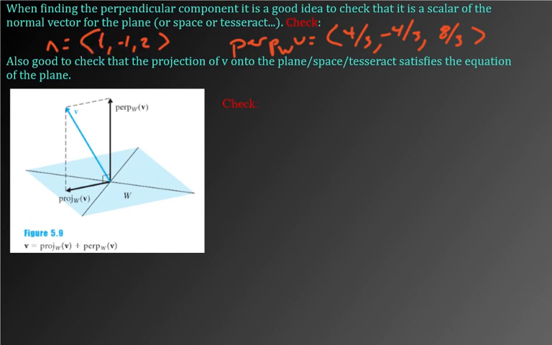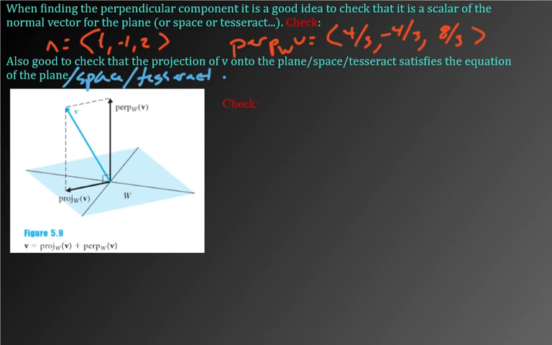And it does. It's also a good idea to check that the projection of V onto the plane or space, 3D, tesseract, which is like 4D, satisfies the equation of the plane. I should really have said space or tesseract. And that's also pretty easy to do, right?